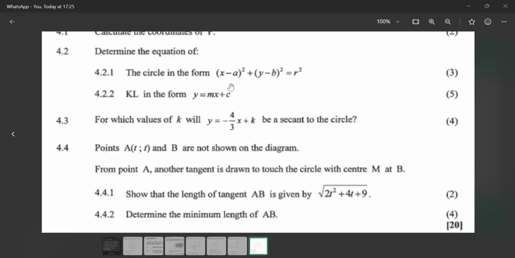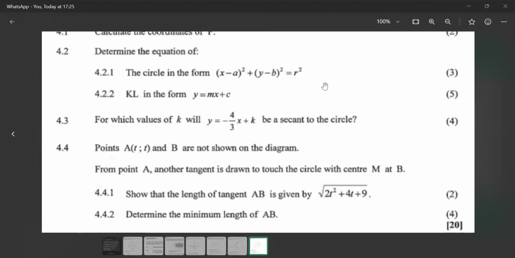So, well, here they say to us, the points A and B are not shown on the diagram. But listen to what they say. They say the point A is going to have the same x value as the y value. So maybe 1 and 1, 2 and 2, 3 and 3, and so forth. Or -3, -3. But the values must be exactly the same. So these two points are not shown on the diagram.